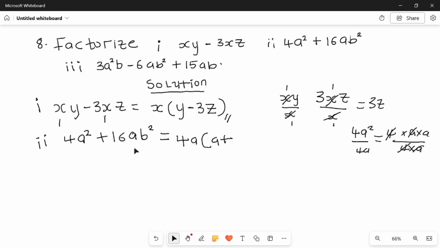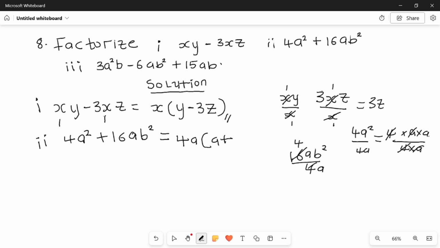So we'll now do 16ab squared divided by 4a. So let's do it over here. 16ab squared, all over 4a. 4 will go into 16 to get 4.